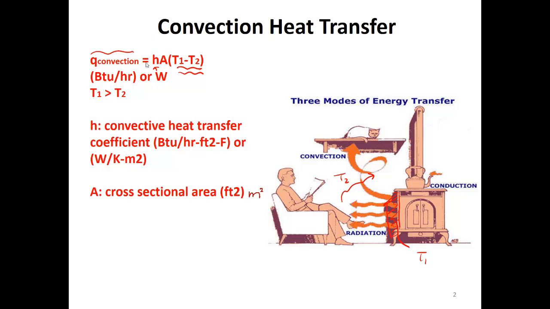Then Q will be, in English units, BTU per hour, delta T in Fahrenheit, and the cross-sectional area in foot square. That leaves BTU per hour foot square Fahrenheit for the convective heat transfer coefficient.